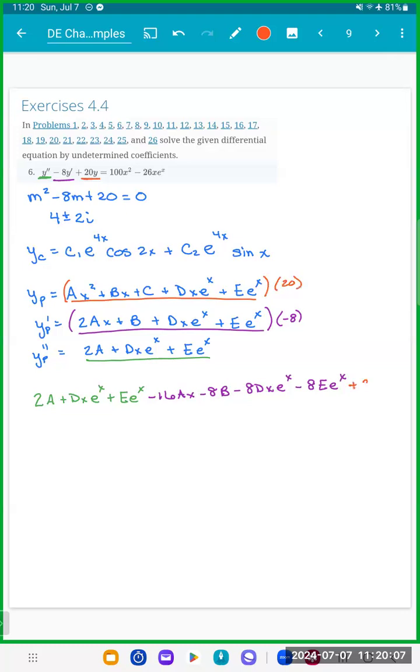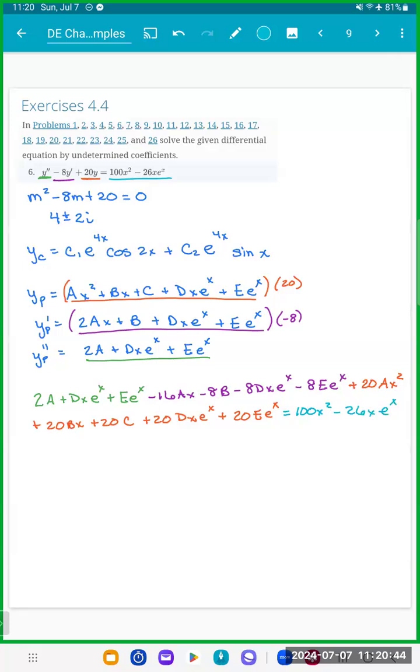So we get plus 20ax squared plus 20bx plus 20c plus 20dx e to the x plus 20e times e to the x. And finally, all of that is equal to 100x squared minus 26x e to the x.